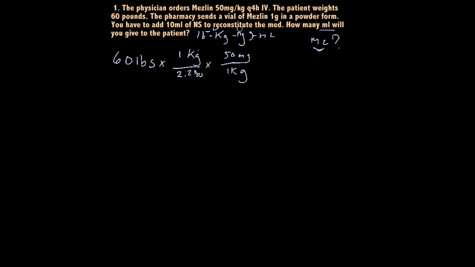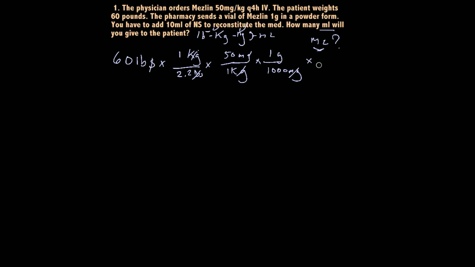So there's my milligram step. Now I'm going to go from milligrams to grams by plugging in this conversion ratio that I know: for every 1 gram, I have 1,000 milligrams. That's going to cancel out my milligrams. Kilograms have canceled out. So now I'm in grams.